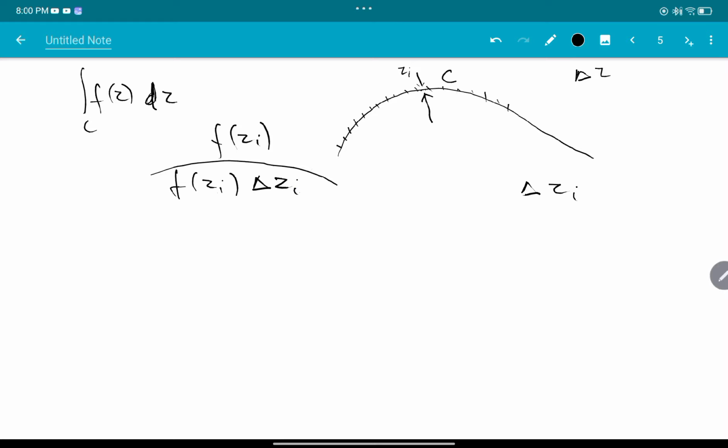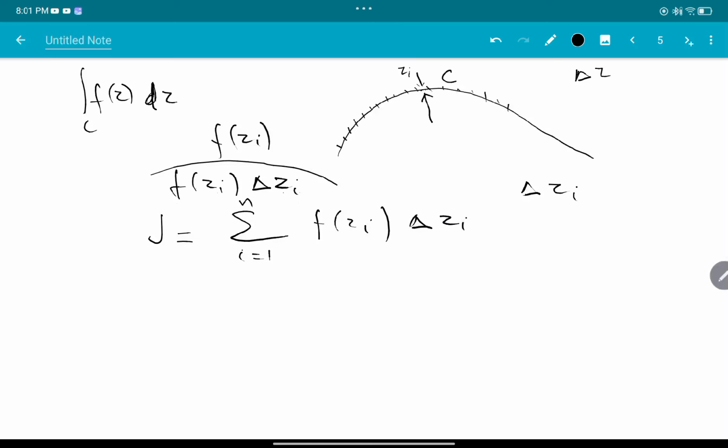Then you take these products of the function and delta z at every small line segment, at their centers, and add them up. The quantity that you produce, let me denote by J. J will be the sum from i equals 1 to n of f(z_i) delta z_i.